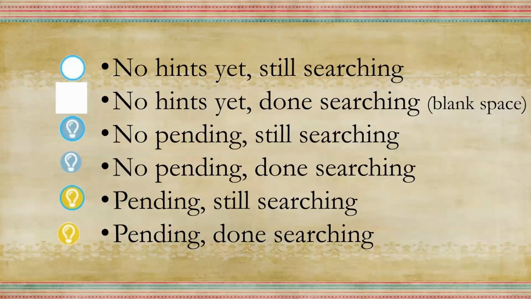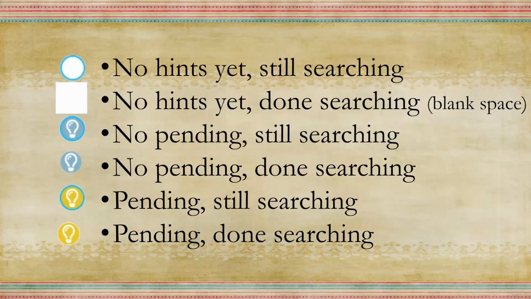The blue light bulb with the blue circle around it means that there are no pending hints for me to review, that I've already reviewed all of the hints, but RootsMagic is still searching.